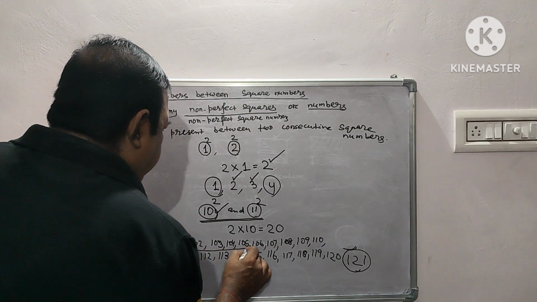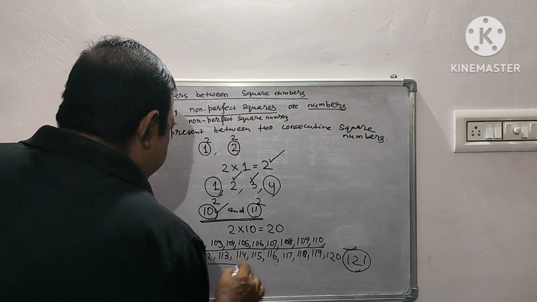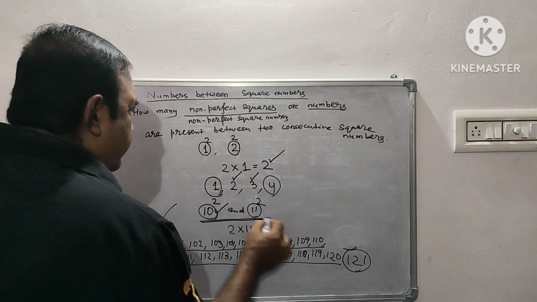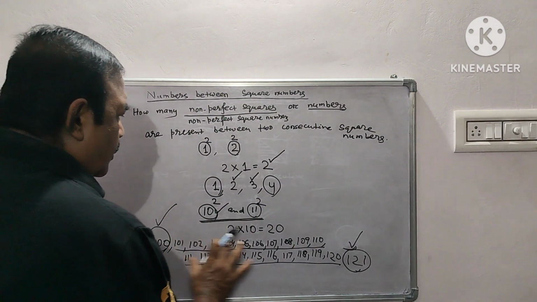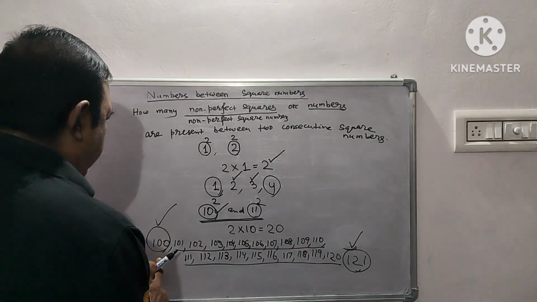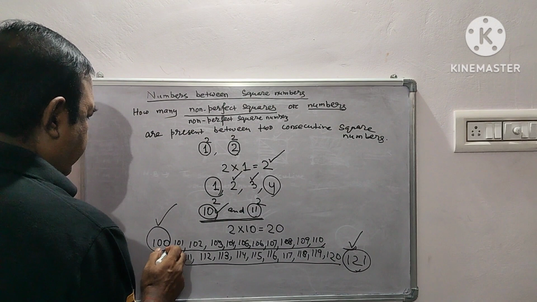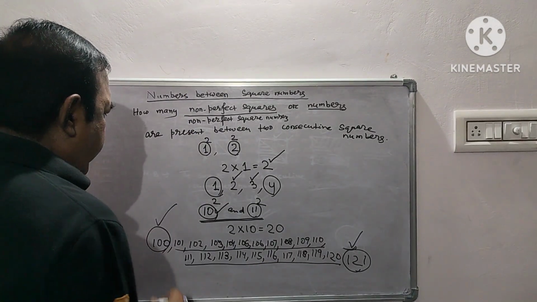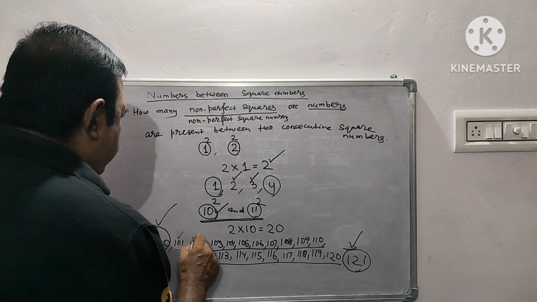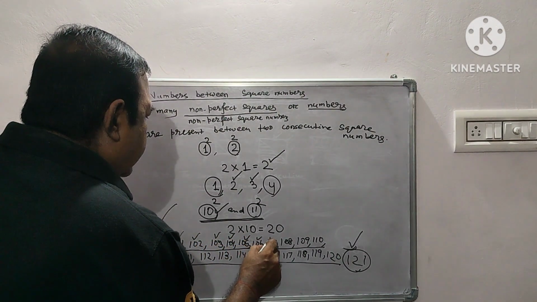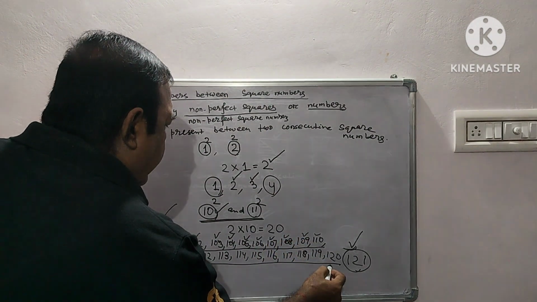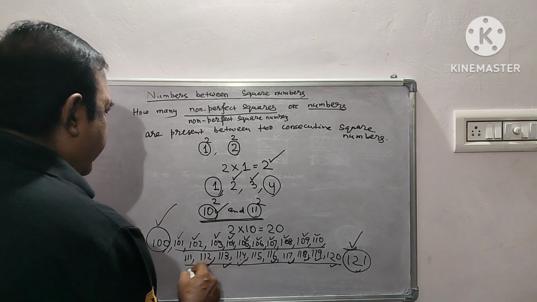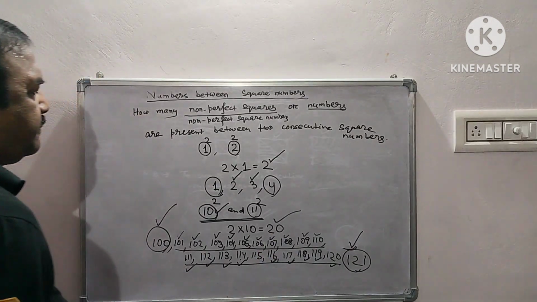These are the numbers which are not perfect squares. So there is no perfect square between the two consecutive squares. You see, 1, 2, 3, 4, 5, 6, 7, 8, 9, 10, 11, 12, 13, 14, 15, 16, 17, 18, 19, 20. And you see, we have got the answer here.